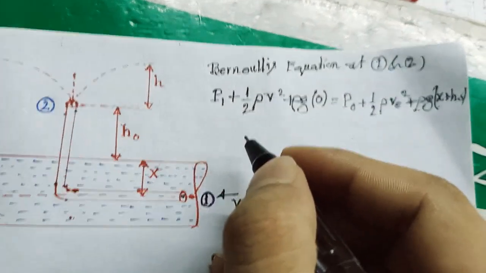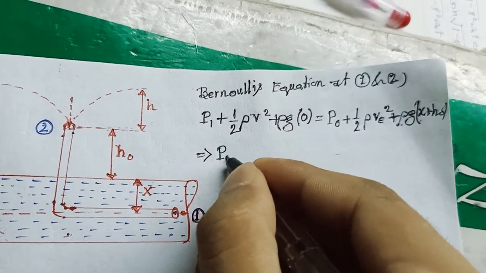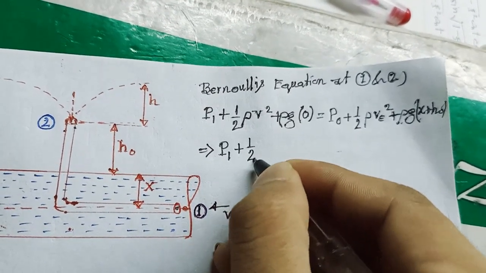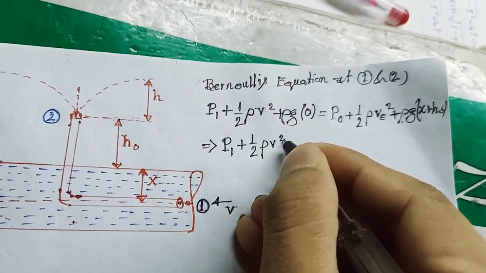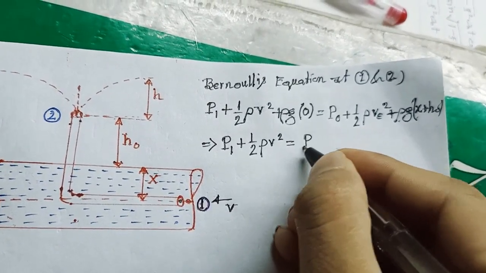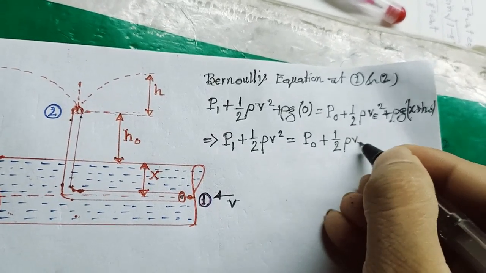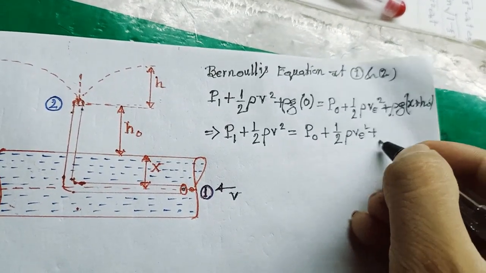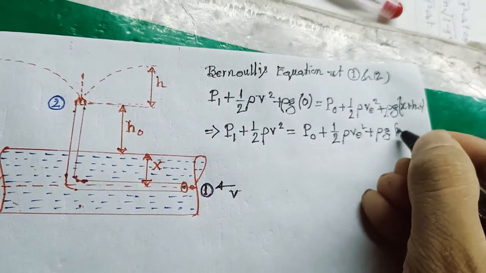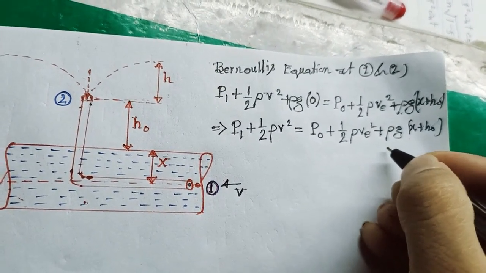So if we arrange this equation, then we can write P1 plus half rho v square plus 0 equal to P naught plus half rho v e square plus rho g into x plus h naught. Let this be our equation number 1.